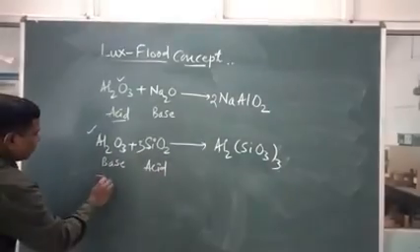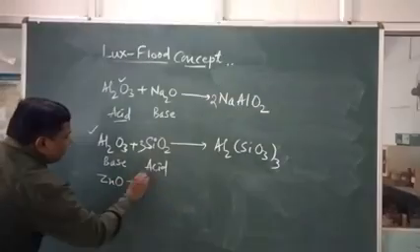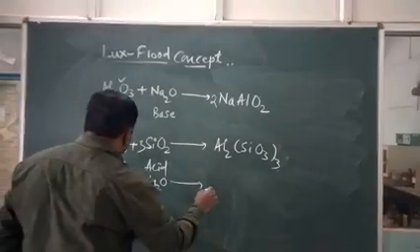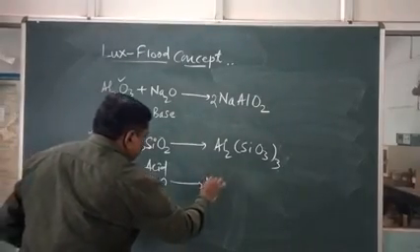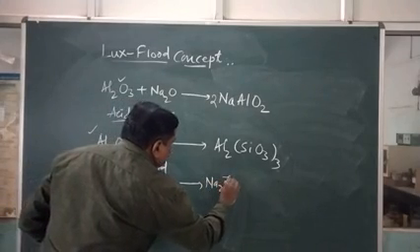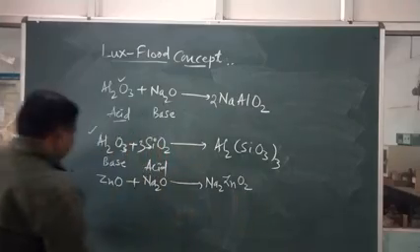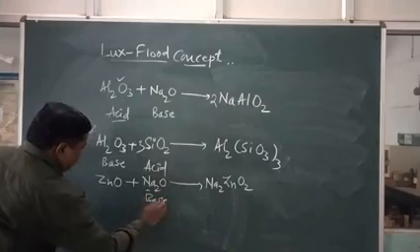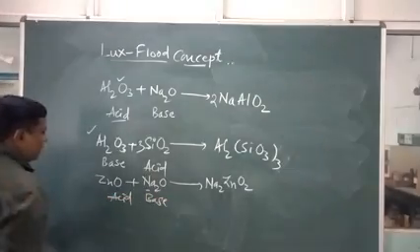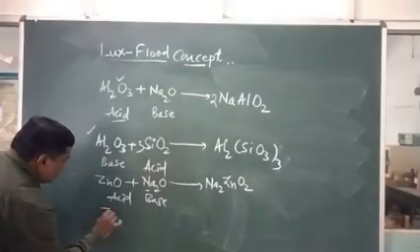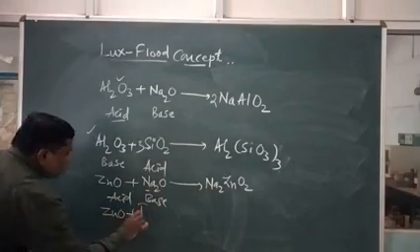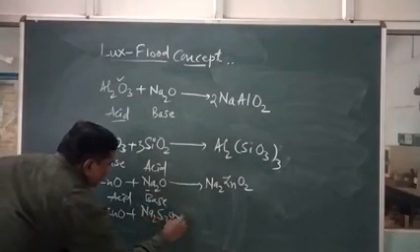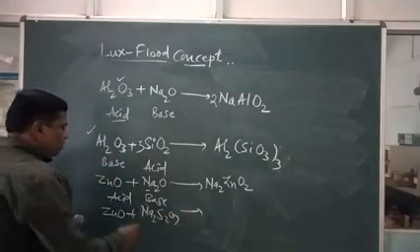If we have taken ZnO, this ZnO combines with Na2O, and therefore it forms Na2ZnO2. Means this ZnO2 acts as the base. This will be acid. Now again we have taken ZnO plus Na2S2O7.